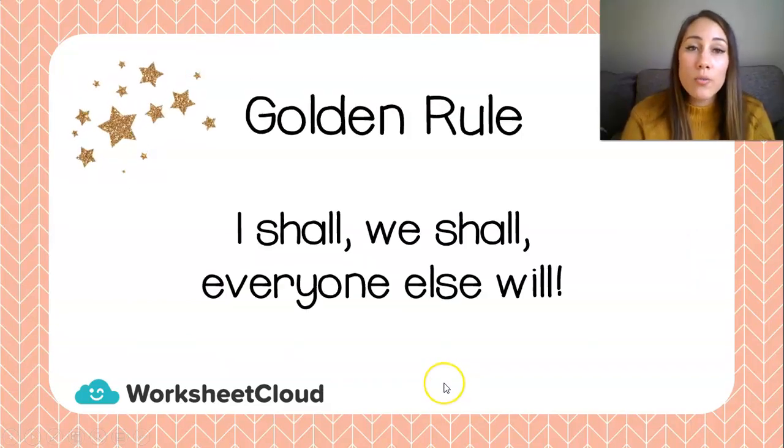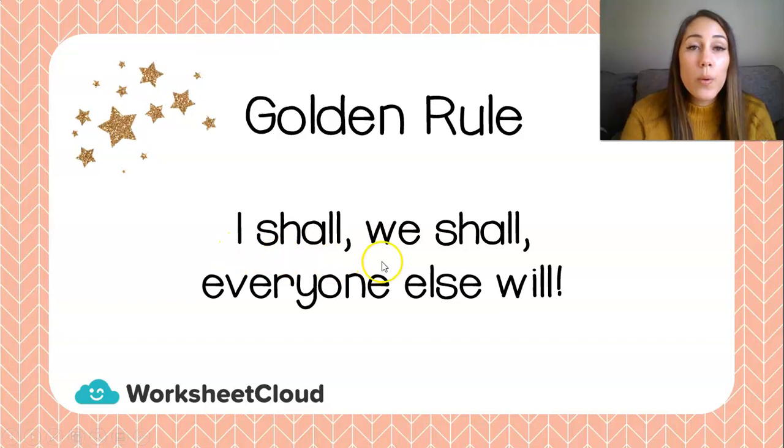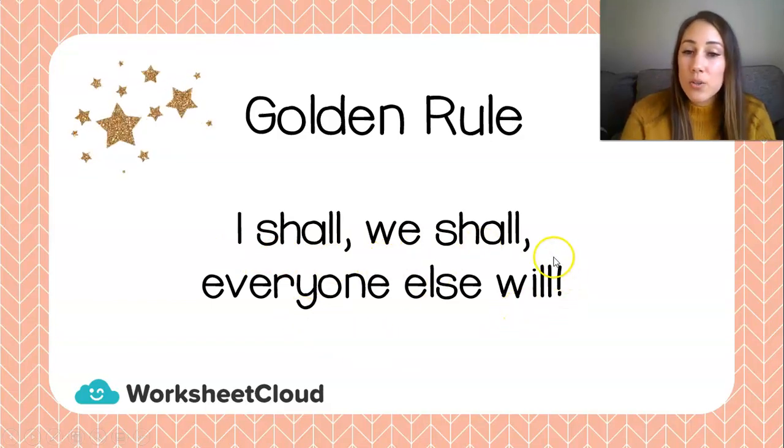Now, our golden rule that we need to remember, we can say it as a little rhyme. I shall, we shall, and everyone else will. Now remember I told you these are the two words that we need to remember for future tense, will and shall.